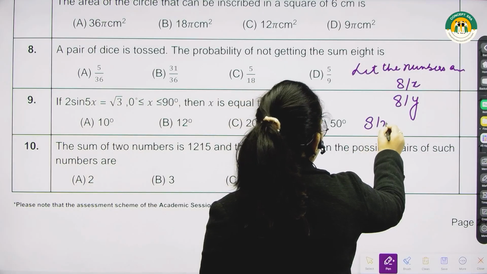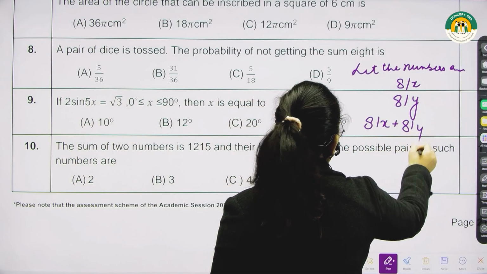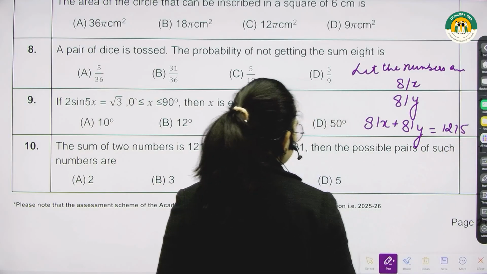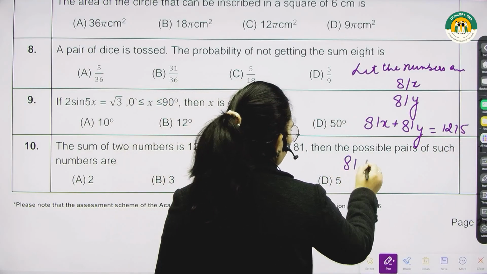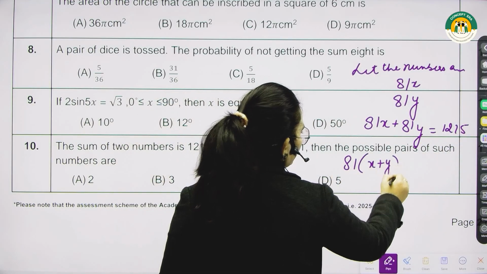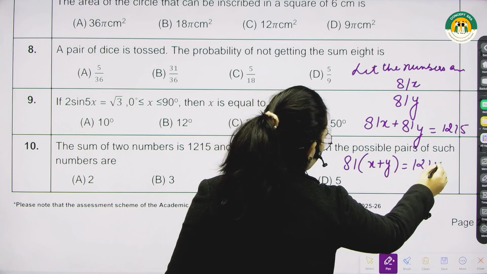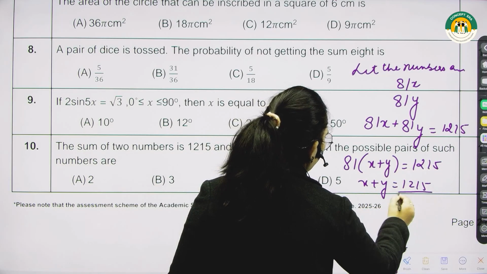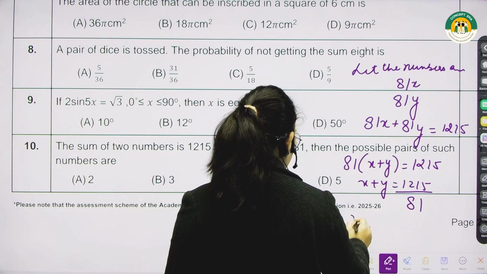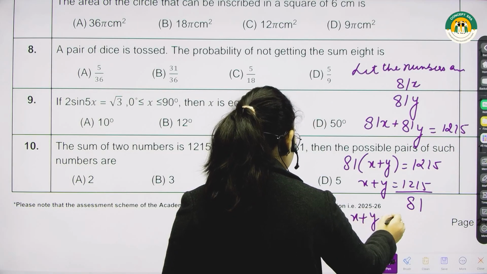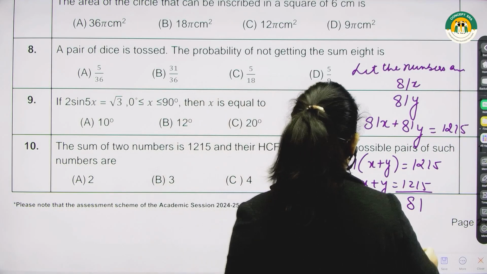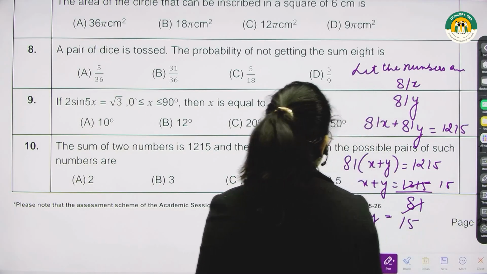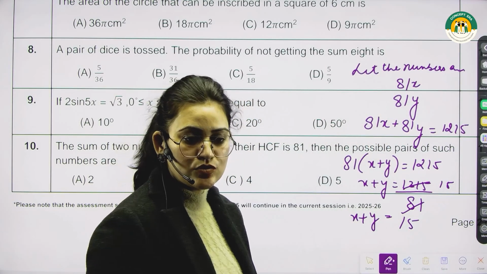So 81x plus 81y is equal to 1215. Take 81 as common. So x plus y is equal to 1215 divided by 81. When we divide this, we get the answer 15. The sum x plus y is equal to 15.